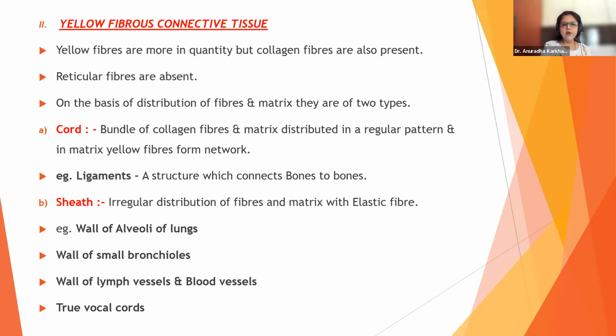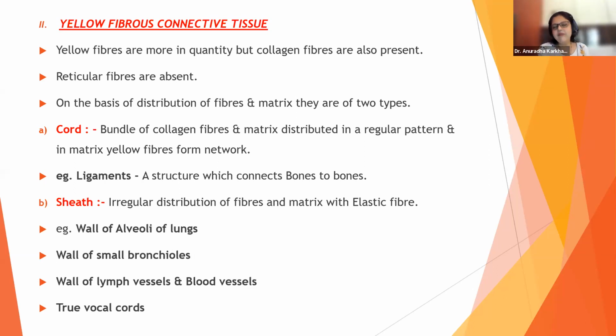Walls of bronchioles, walls of lymph, walls of blood vessels, vocal cords, wherever stretching is necessary, in all those areas there would be the presence of these sheaths of yellow connective tissue. Okay, understood? Wherever elasticity is required, all those areas will have yellow connective tissue.